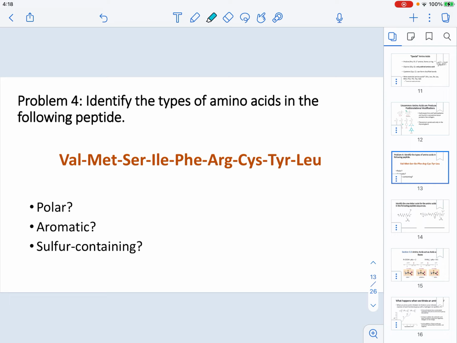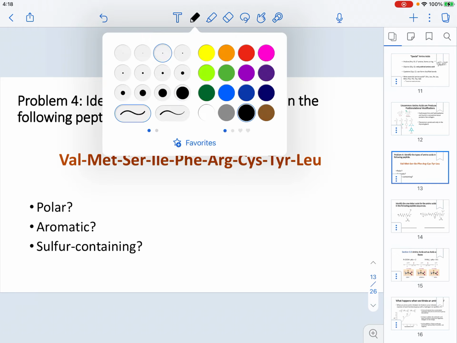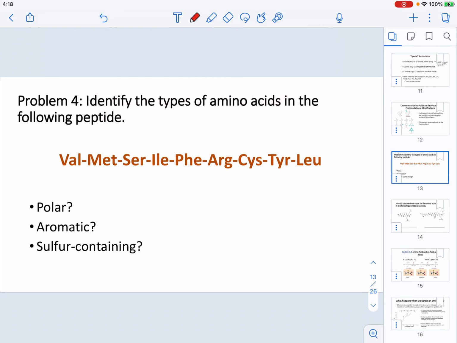Problem 4 in the textbook actually wants to know which one of those amino acids are polar or aromatic or sulfur containing. Okay, so I'm just going to classify all of them because it's just good practice. So let's just go through them one by one.